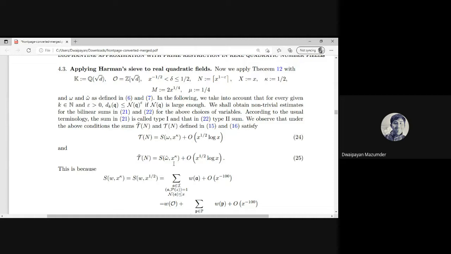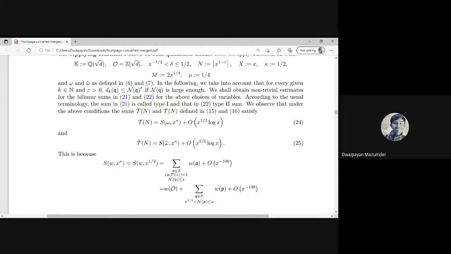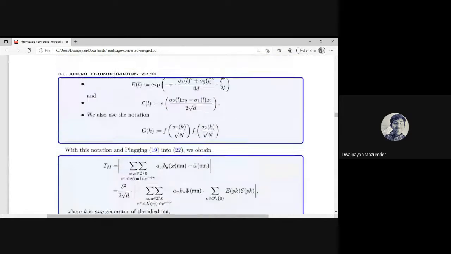Then actually we can establish 24 and 25. Okay, all this, if you take this, we can establish that it sets up the bridge between S omega x kappa and T n, and that is required for us to prove this one.